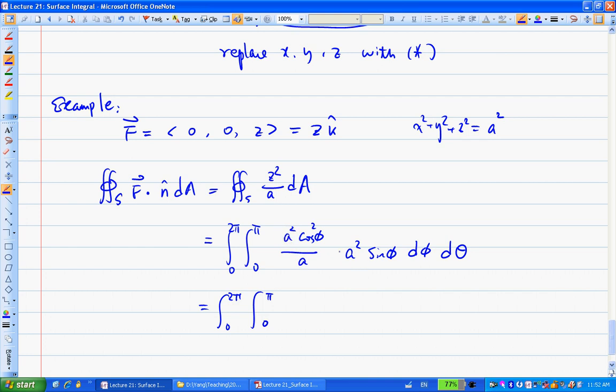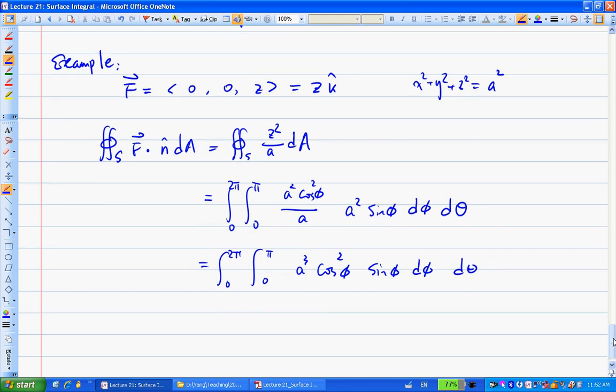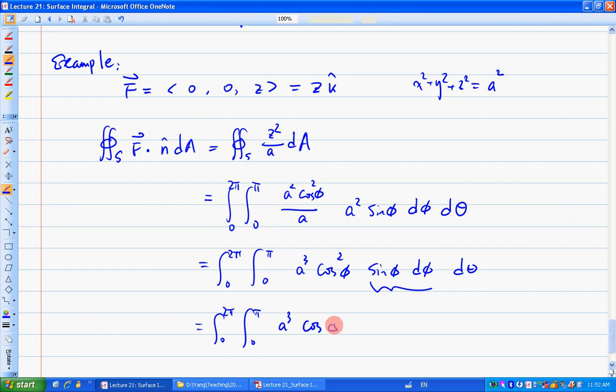A cancels, a squared, so you have a cubed, and cosine phi squared, sine phi, d phi, d theta. This sine phi d phi is basically d cosine phi, and put a negative here because d cosine phi is negative sine phi d phi. And then d theta.